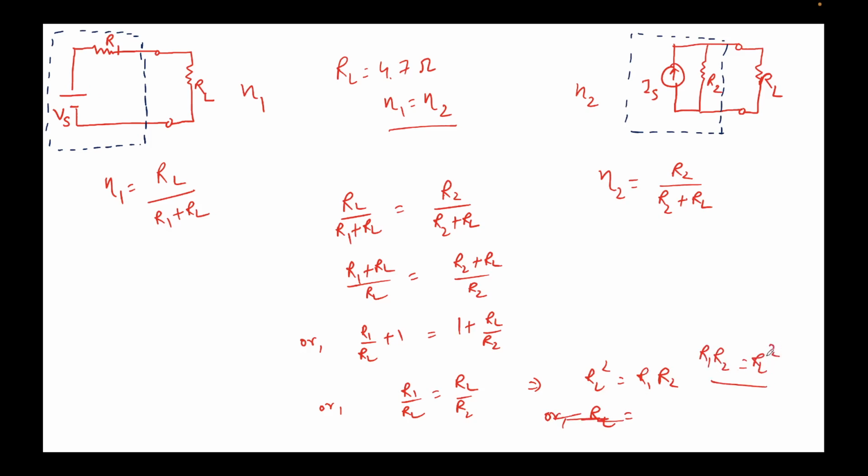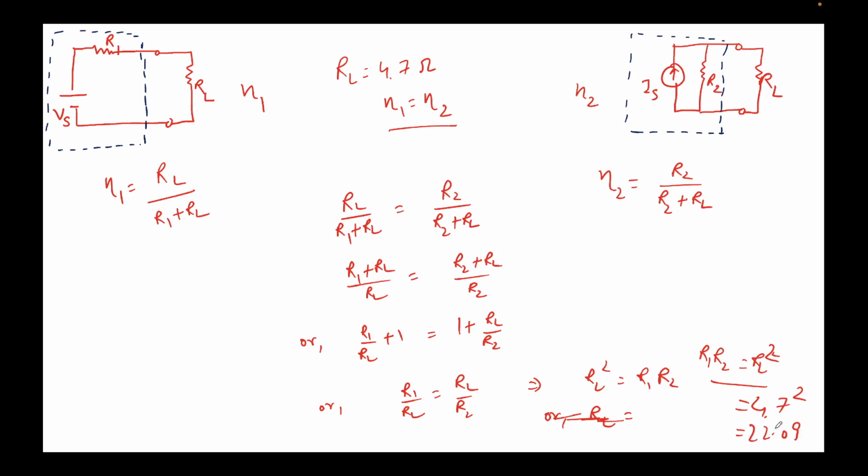Now the value of RL has been provided in the question itself. It's here, RL equal to 4.7 ohms. So the product of R1 R2 will be equal to 4.7 squared. Okay, what is 4.7 squared? I'll just punch it into my calculator. Excuse me for a second. So this is 22.09.